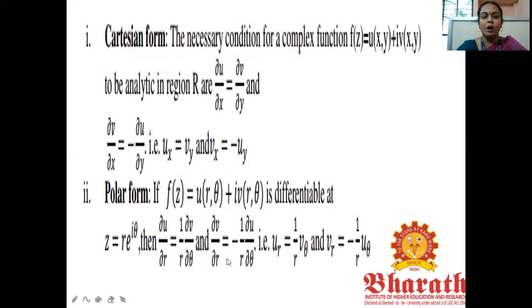Similarly, dou v by dou r is equal to minus 1 by r into dou u by dou theta. In simple way, ur equal to 1 by r of v theta, vr equal to minus 1 by r of u theta. So this is the polar form. The previous one is the Cartesian form.